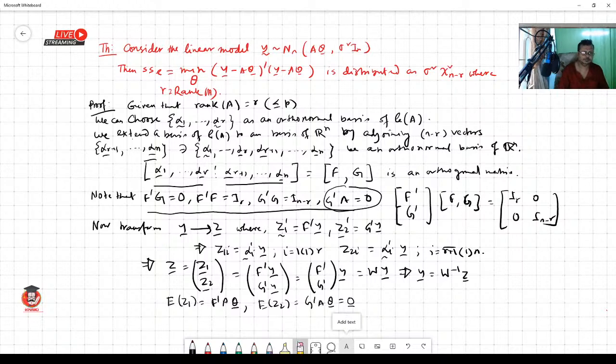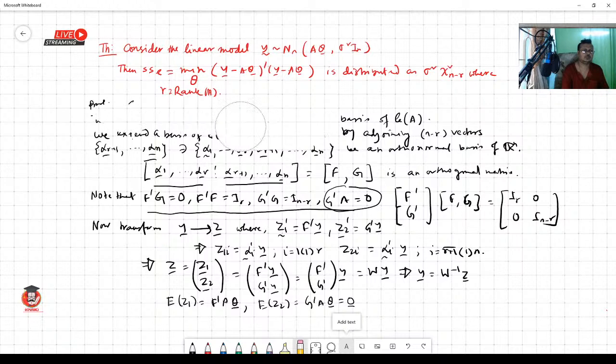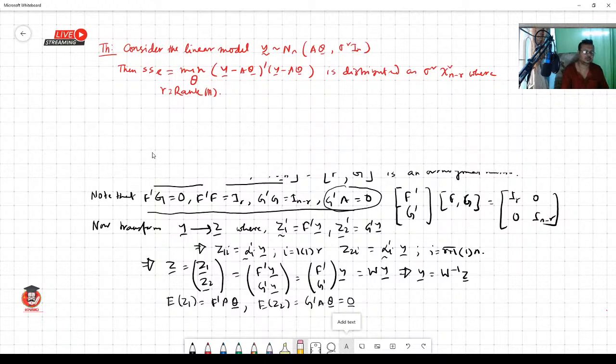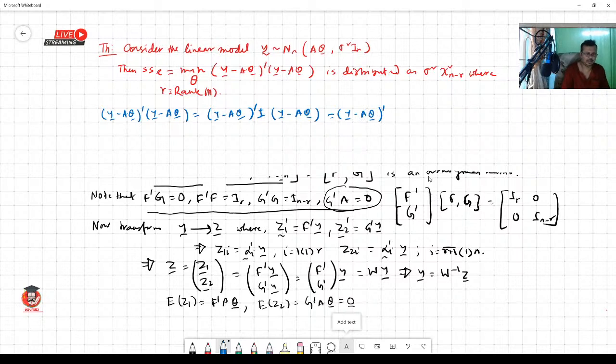And moreover, y curl minus A theta curl whole prime, y curl minus A theta curl, is equal to this.